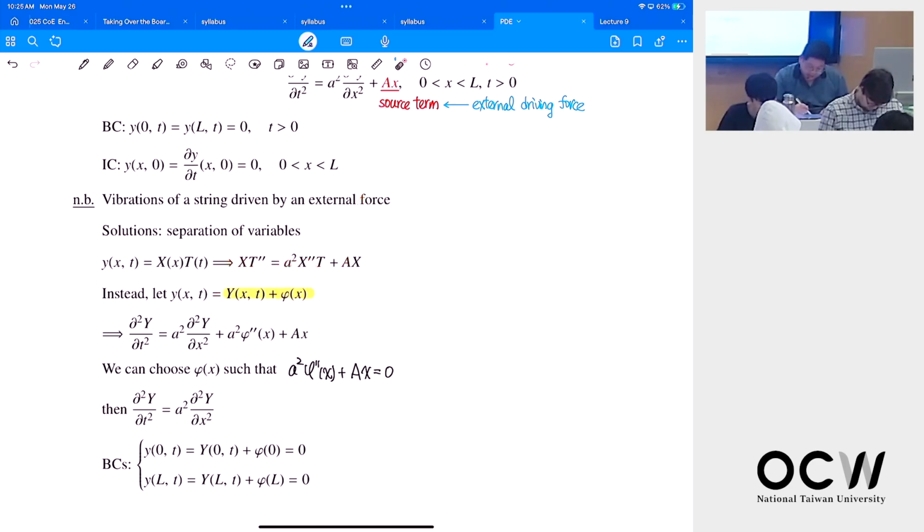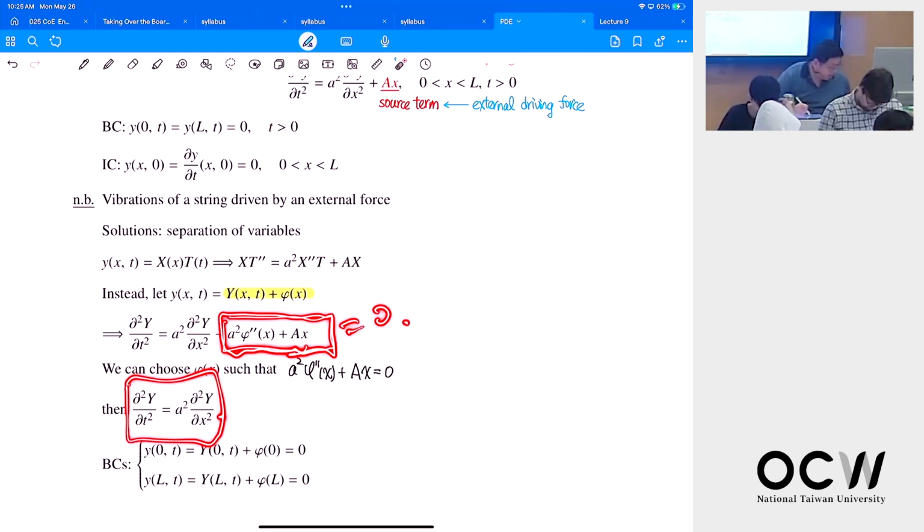Then I have two additional terms. And we'll let these additional two terms equal 0. Then I just have the wave equation for the string. Not an infinite string because we still have boundaries, but just the wave equation.